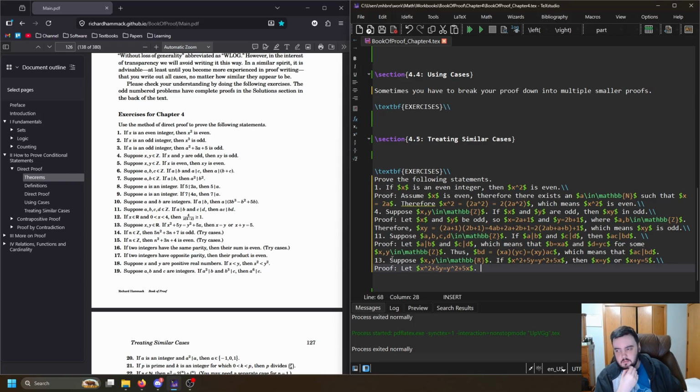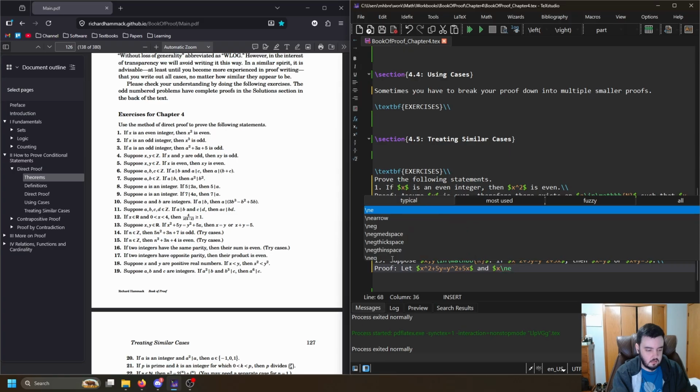I think we would want to assume that x plus y is not equal to 5, and we want to reach x equaling y, or the other way around. Yeah, I think that's what we're going to do. And x not equal to y.